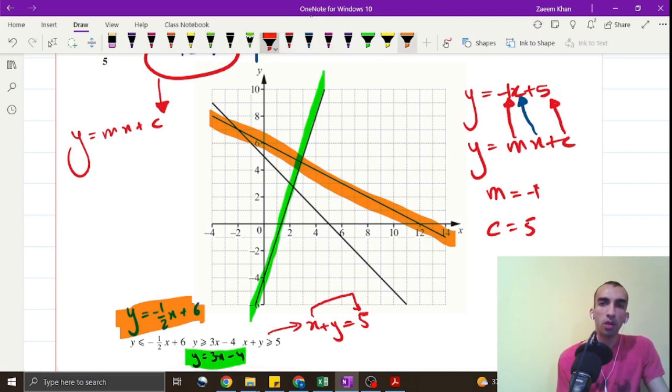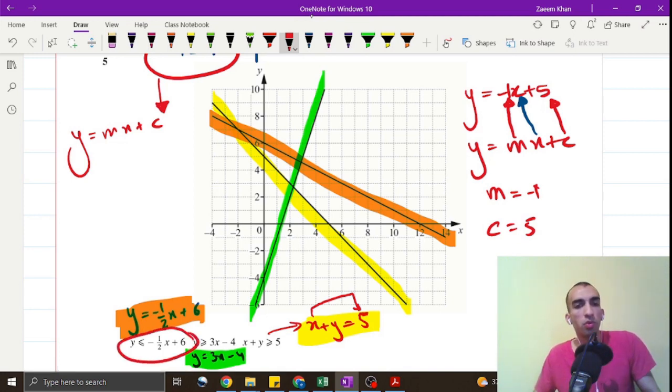So if I were to color code this in yellow, you've got all three equations now. Now we can erase this. Let's not erase this. Now let's try to shade the region. Are you supposed to stay above the orange line or below?